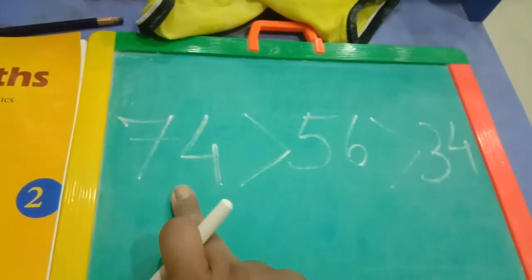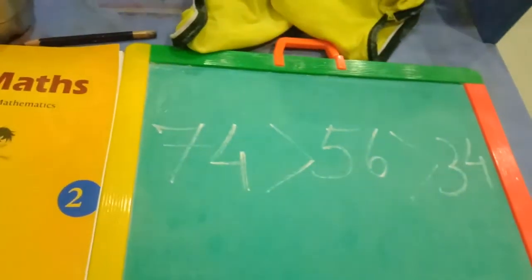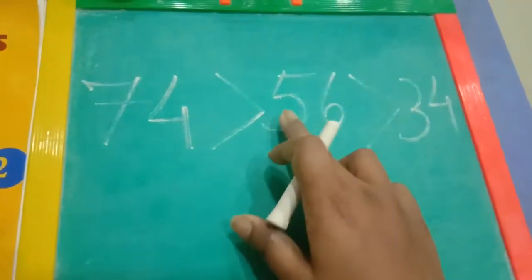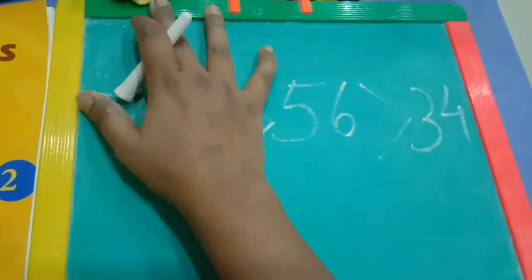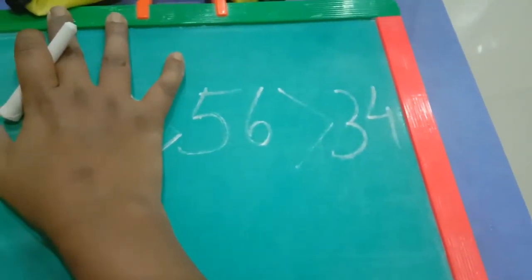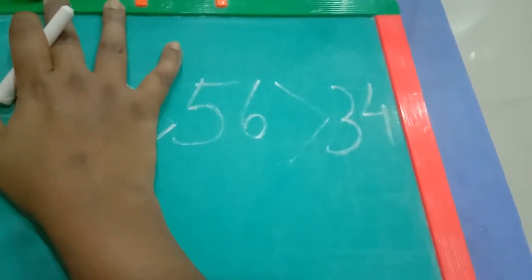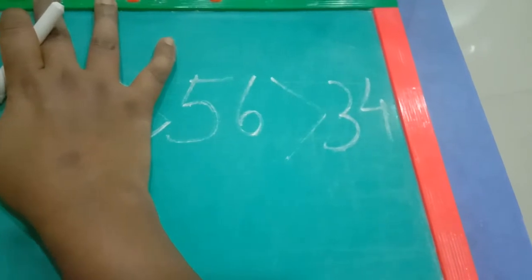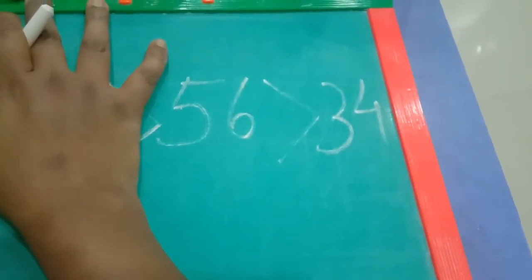Then smaller than 74 is 56, and 56 is greater than 34.